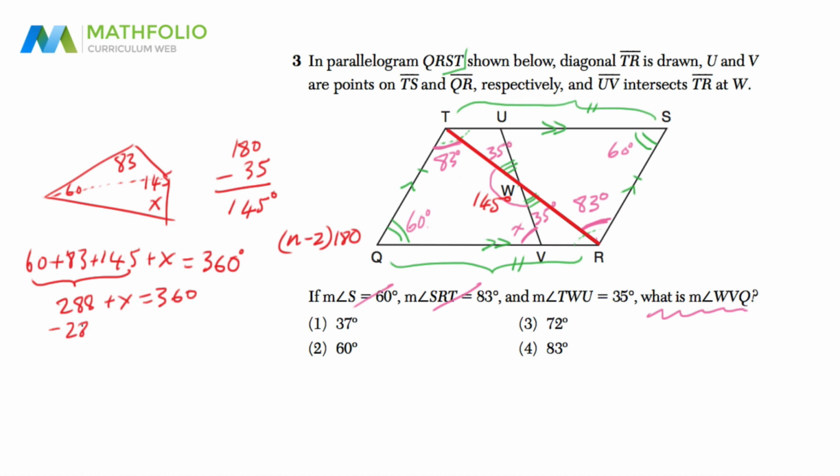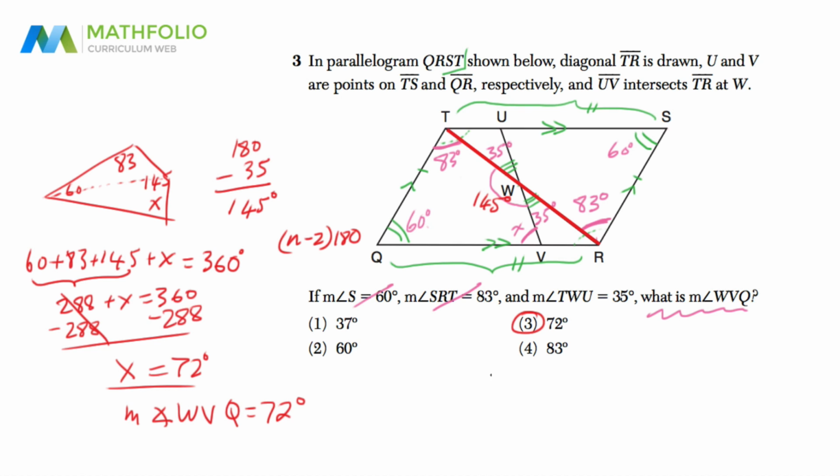To solve this, if you subtract the 288, X equals, well, adding 12 to 288 gets us to 300, so it's 12 plus the 60, so it's 72 degrees. So that's X, and they ask for the measure of angle WVQ, which is 72 degrees, and here's our answer right there. So question number 3 is answer number 3.